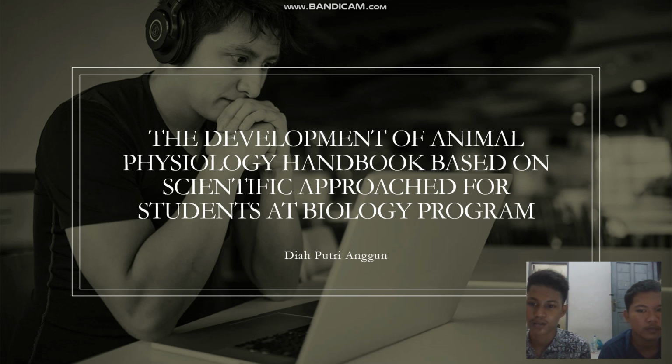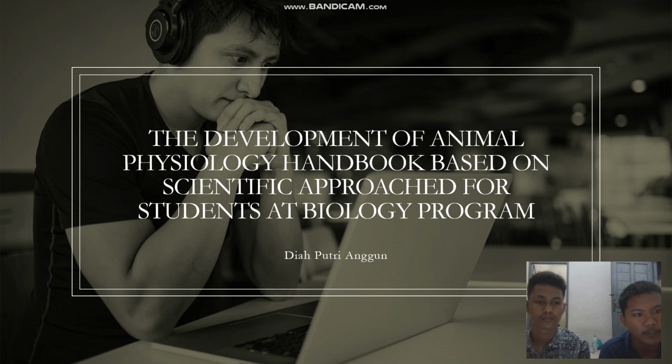Next is the use of the handbook. The practicality is in terms of a questionnaire filled out by students, lecturers, and supervisors after carrying out practical activities. So the writer Dian Putri, from the analysis of the practicality test questionnaire assessed by the students, concluded that the practicality average value of the students is 3.25 in the practical category.